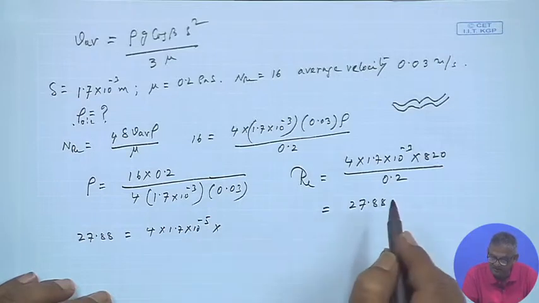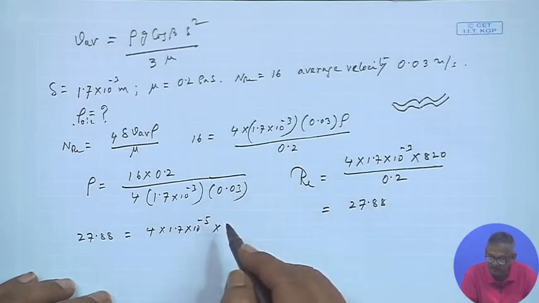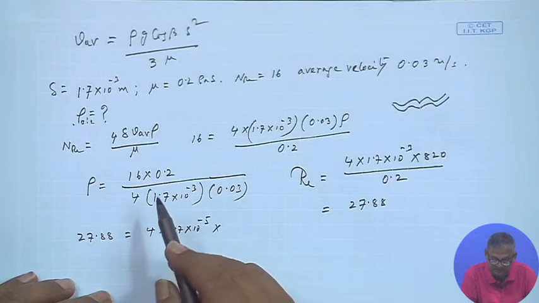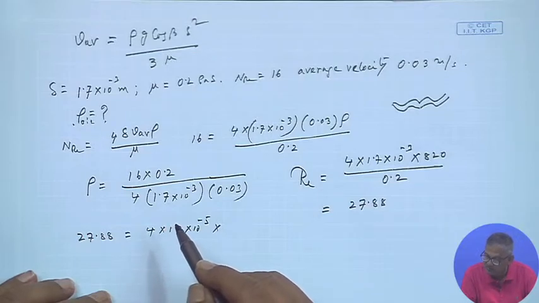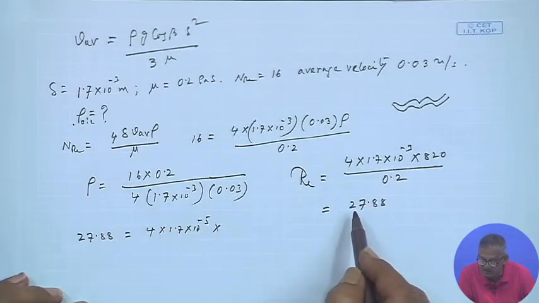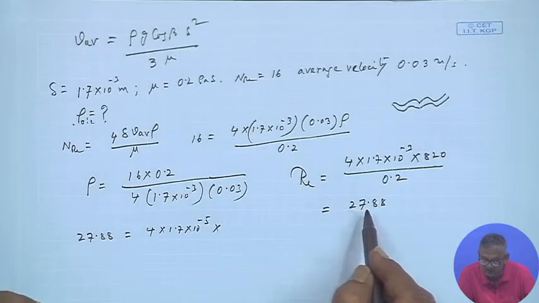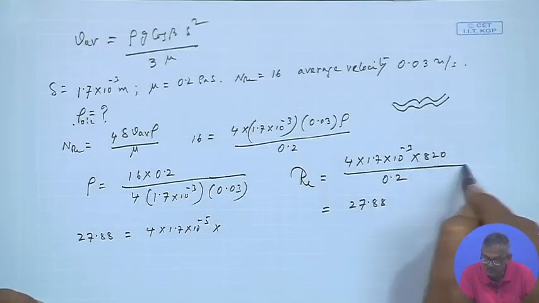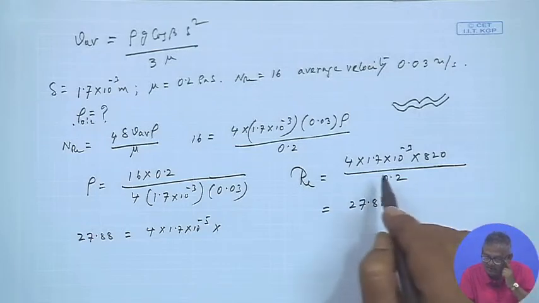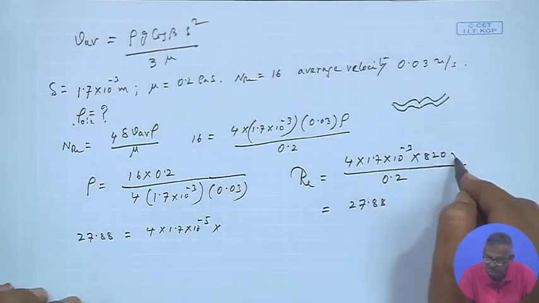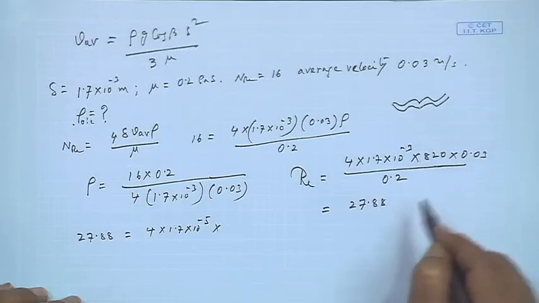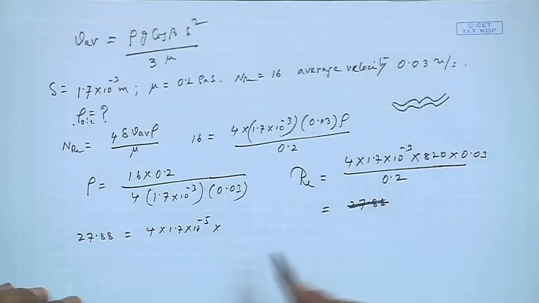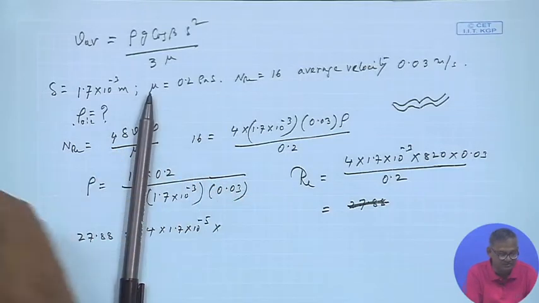And average velocity we had taken, how come this we had missed one. So, here the velocity also should have been taken, which we did not take. So, that is why it was coming. So, it was 0.03.